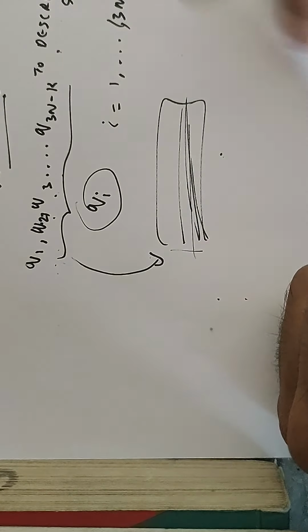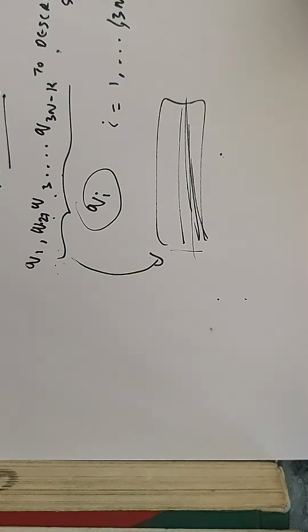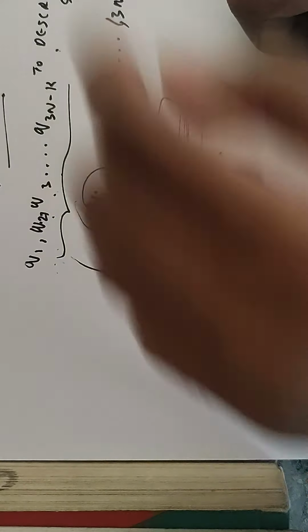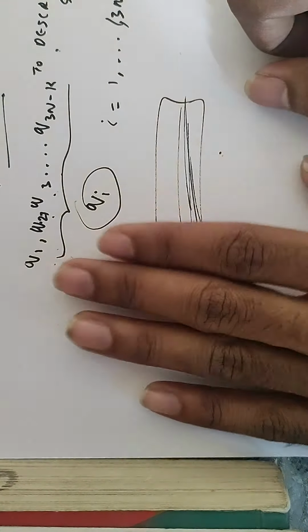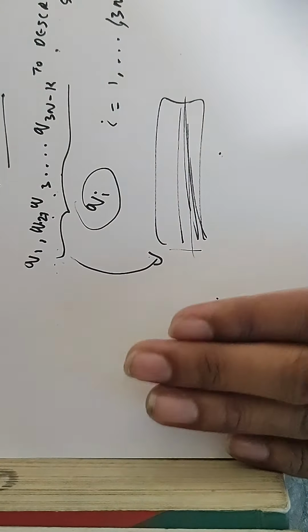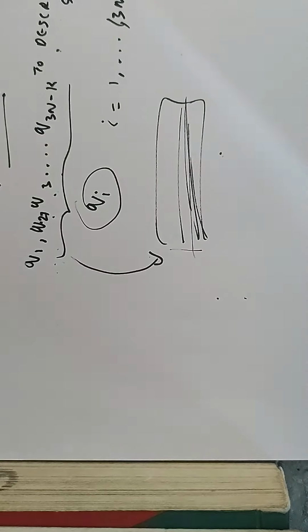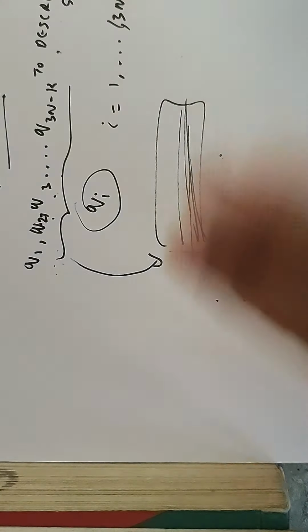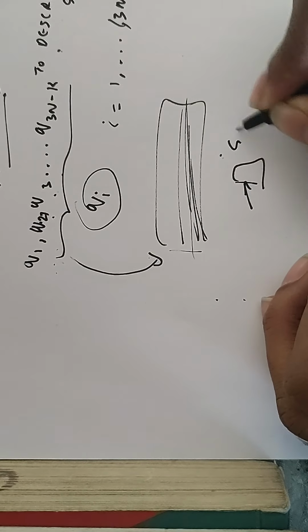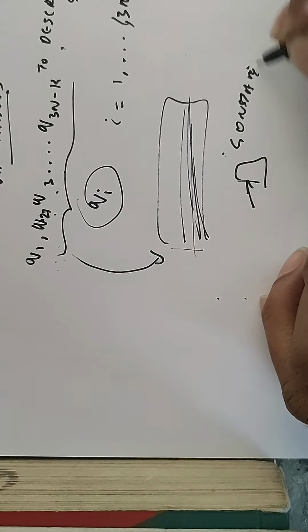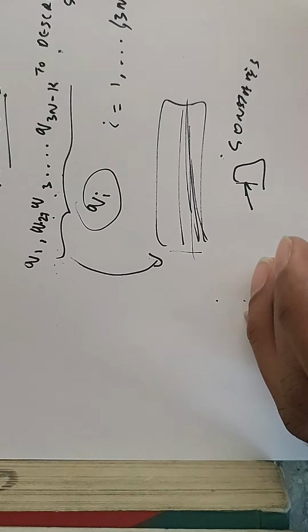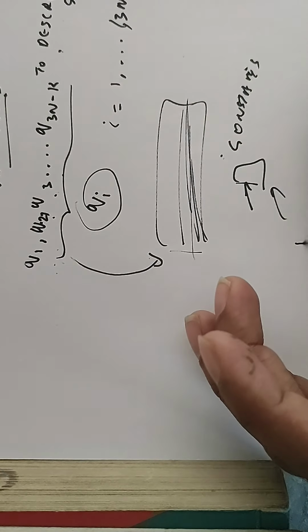Let me repeat it once again. It should be noted that the constraints on the system are the consequence of the forces exerted on the system and the constraining mechanism. It is easy. There is a system and you have constraints, and the constraints are the consequence of the forces exerted on the system.